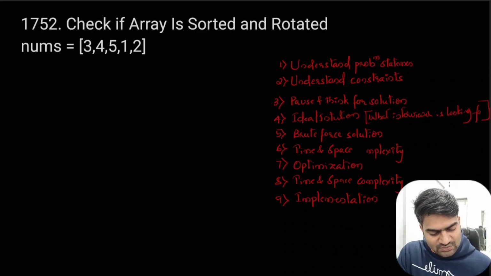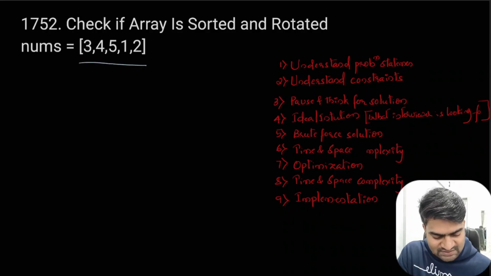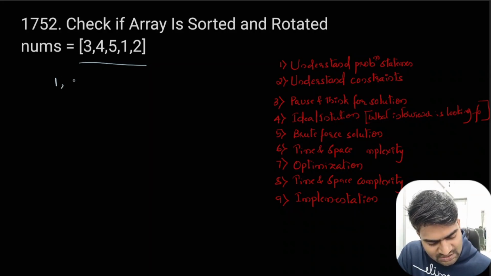Okay, so now if you see, there is an example here which is 3 4 5 1 2. So this is a nums array which contains these numbers. Now if you see, the original array is 1 2 3 4 and 5.